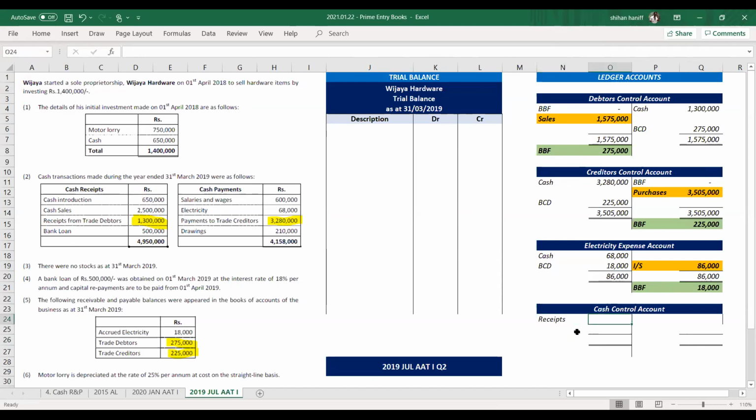In the receipts and payments, 4,950 is receipt. Payments 4,158. $792.